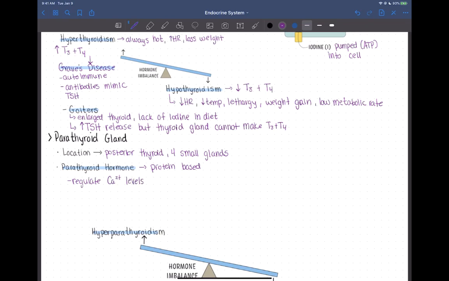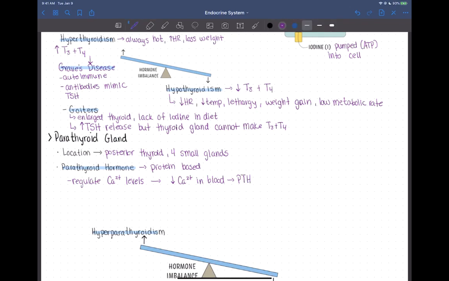And so if there is too little, not enough calcium in the blood, let me just write this. Too little calcium in the blood. The parathyroid gland is going to release parathyroid hormone.